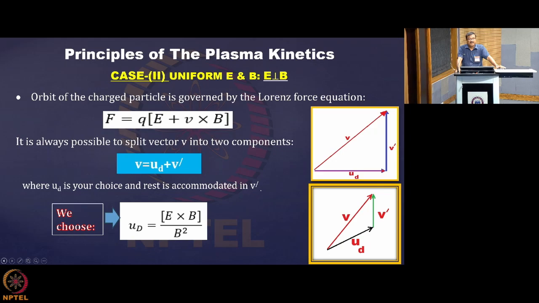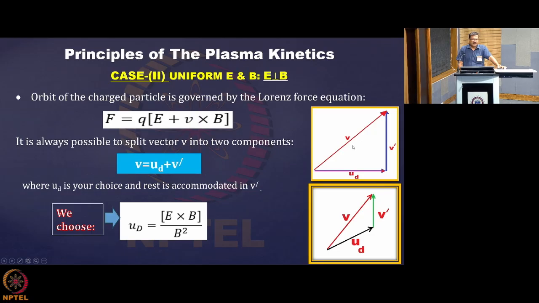We start with the vector equation. You can see that I have not put any vector sign in any of these equations; assume that the vector sign is there in all of them. Any vector v, whatever I have shown here, you can break into two components, like here ud and v dash.